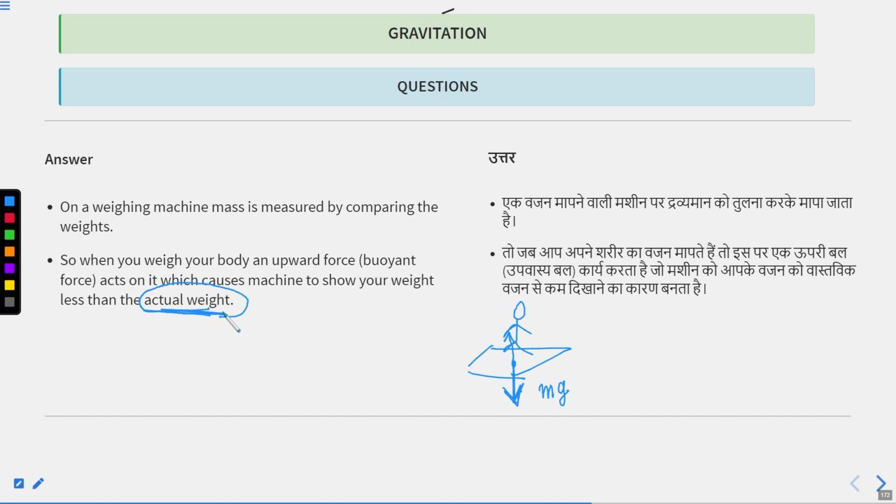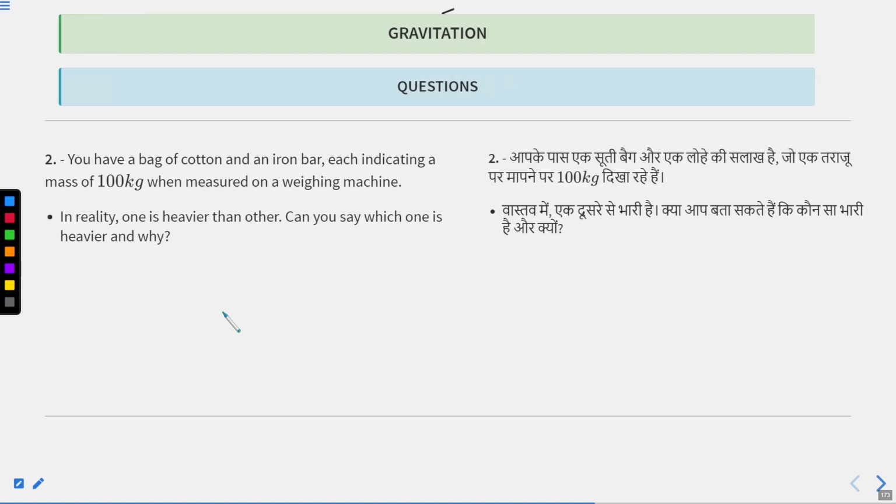Clear, class? Question number 2. You have a bag of cotton and an iron bar. Each indicates a mass of 100 kg when measured on a weighing machine, but in reality one is heavier than the other.